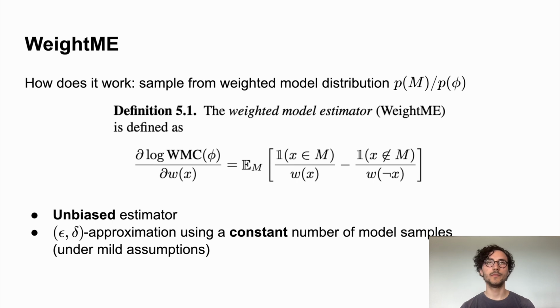But there have been previous works that show you can do this, or at least approximately, in a quite scalable way. Then when you have this, you can approximate the logarithm of the weighted model count using these model samples. This gives you an unbiased estimator and also gives you the guarantee of epsilon-delta approximation using a constant number of model samples under some mild assumption.